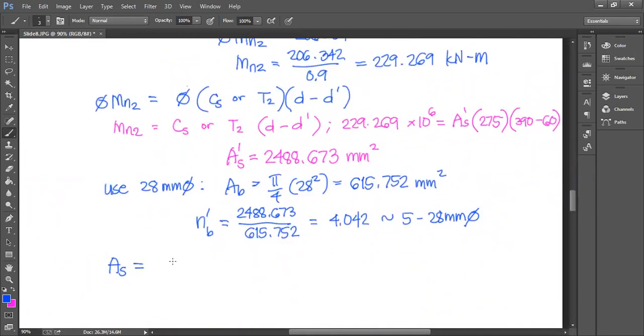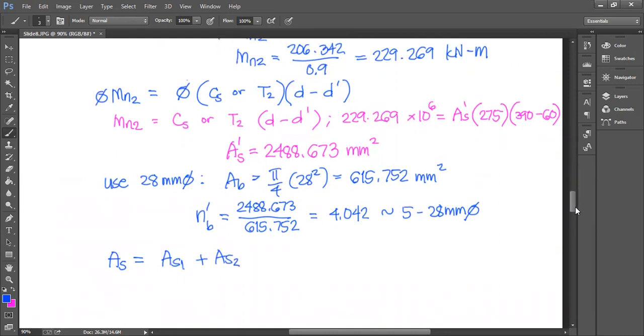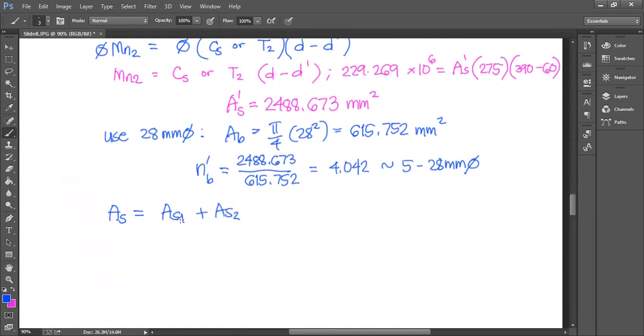so yung total AS dapat natin should be AS1 plus AS2. Taking note ulit na yung AS1 manggagaling sa singly reinforced beam with rho maximum as reinforcement plus yung AS2 mula doon sa compression ng steel.